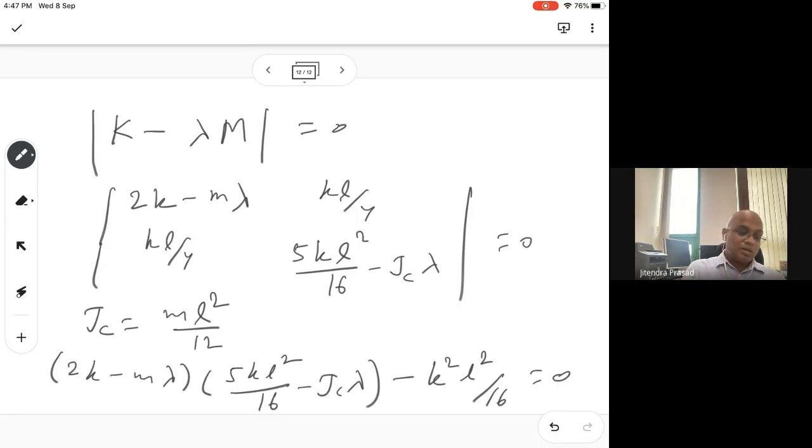Lambda equals omega n square. Let us see what happens when we put JC equal to ml square over 12.